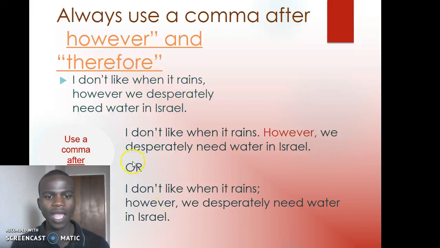I don't like when it rains. However, comma, we desperately need water in Israel. Or you can write, I don't like when it rains. However, we desperately need water in Israel.